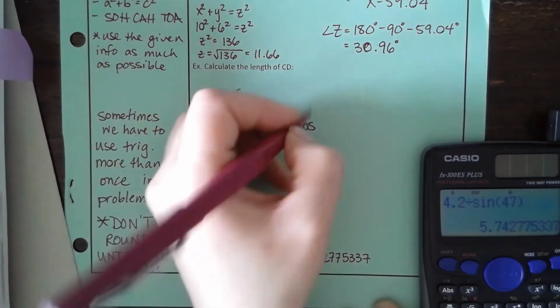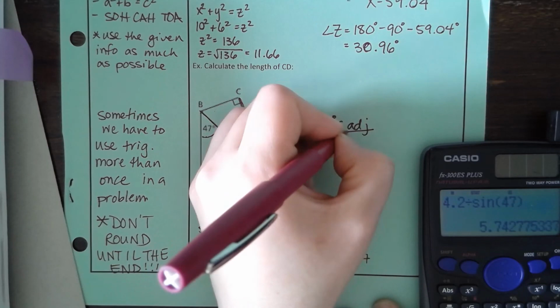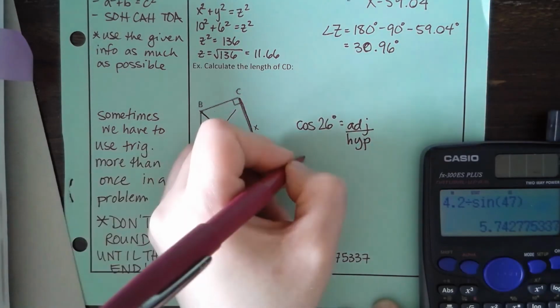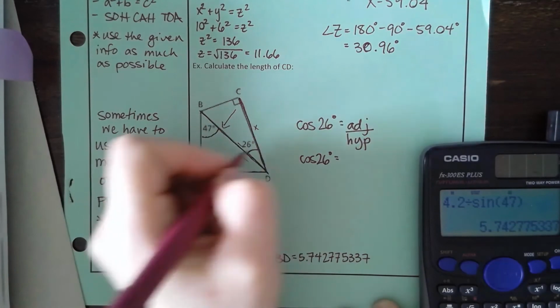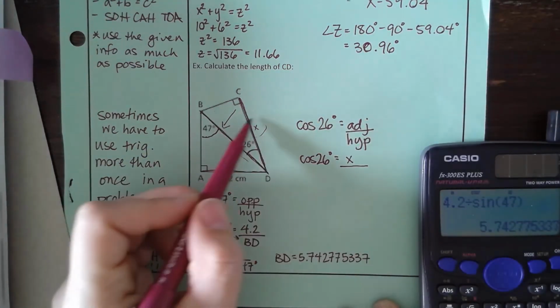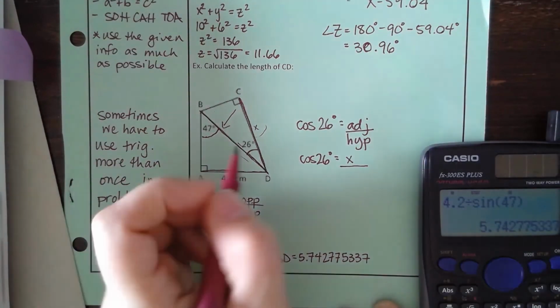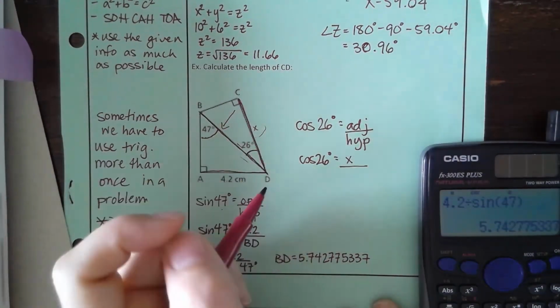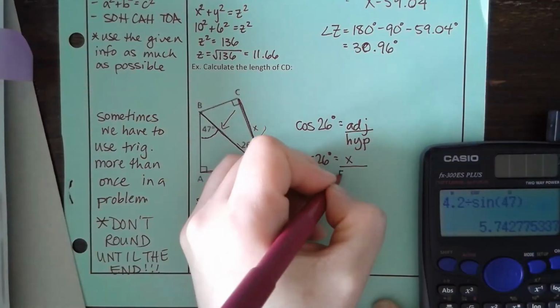So we're going to use cos of our 26 degrees is equal to our adjacent over our hypotenuse, and cos of 26 equals, we're looking for the adjacent, so we're just going to call that x right now. I labeled it on my triangle, so it's not bad. I didn't introduce a new variable. I'm just going to call that x. I can call it CD though.